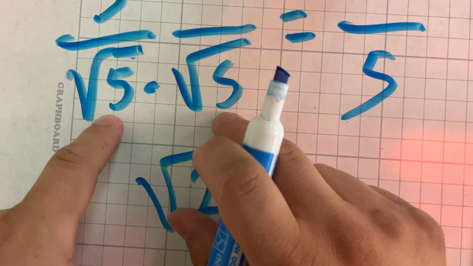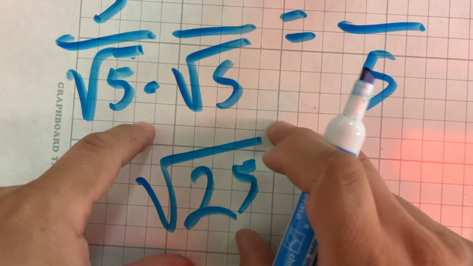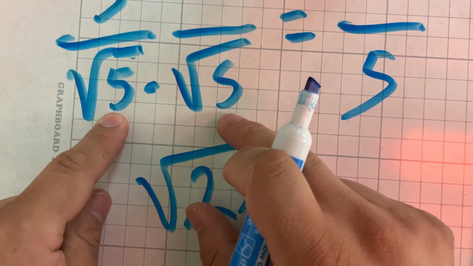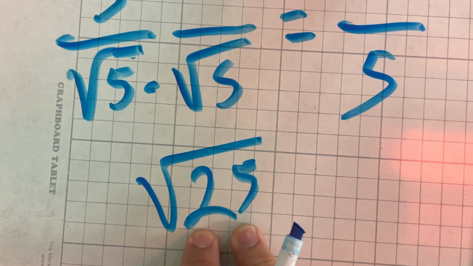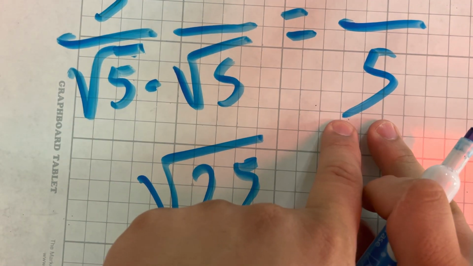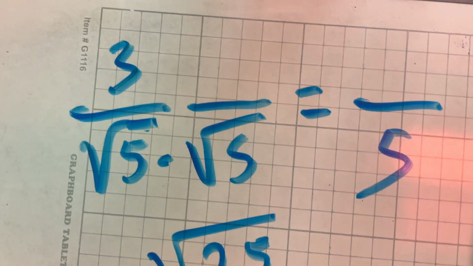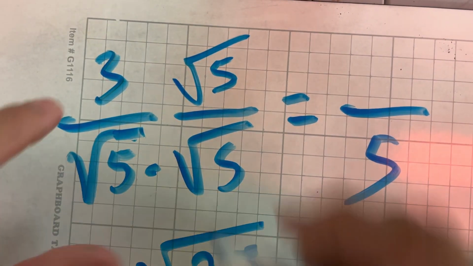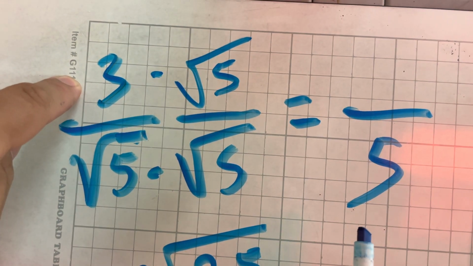This rule is kind of skipping this middle portion and going straight to the answer. But the square root of 5 times the square root of 5 is just the square root of 25, which is 5.